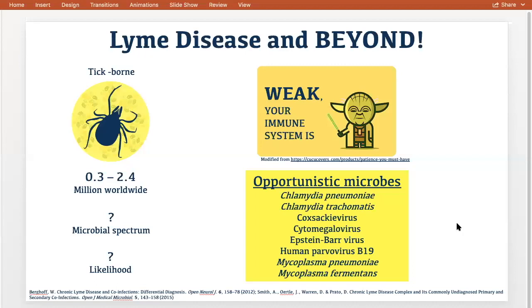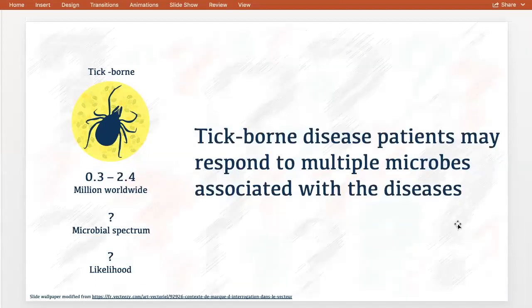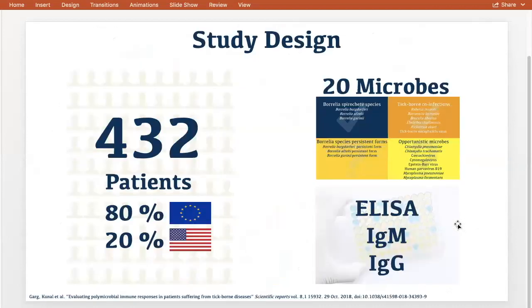Now, with so much literature out there showing that multiple microbes do have a clinical relevance in tick-borne disease patients, the big question for us was, do tick-borne disease patients actually respond to these multiple microbes on a common platform like ELISA? So we designed a study wherein we collected 432 patient samples. 80% of them were from different countries in Europe, and 20% were from the US.